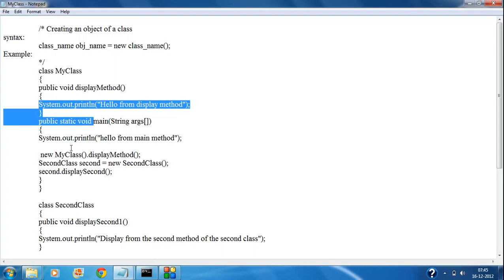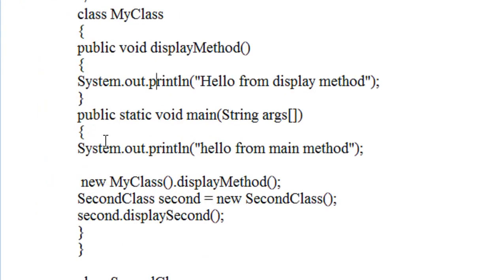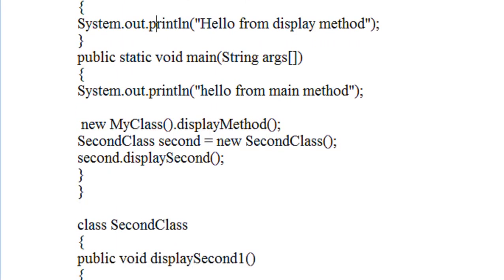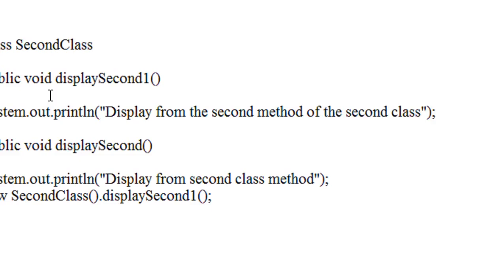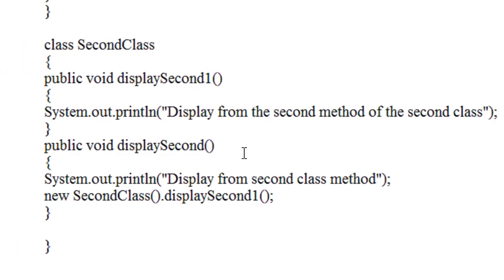In that main method, I create the object of that class itself, and by using that object I call the display method. Here I also create one more class called second class. That class contains a method called display second that also prints a message.